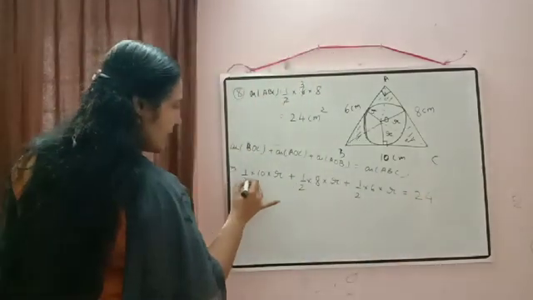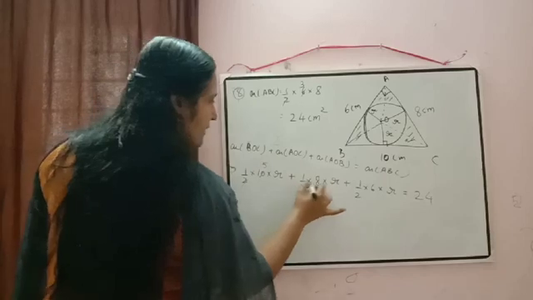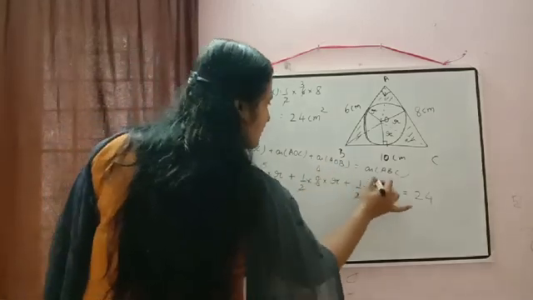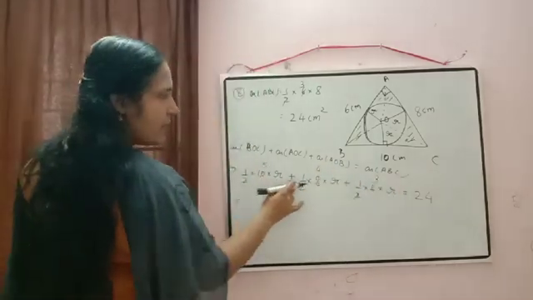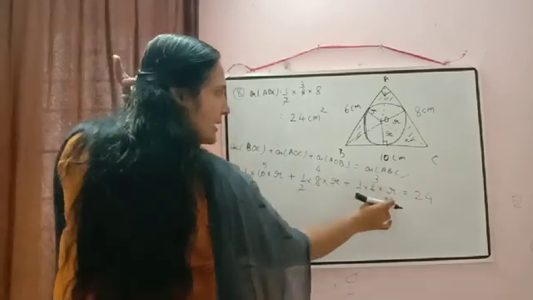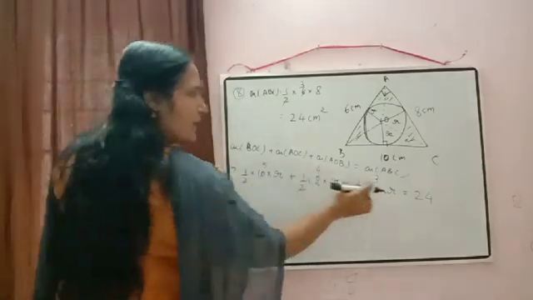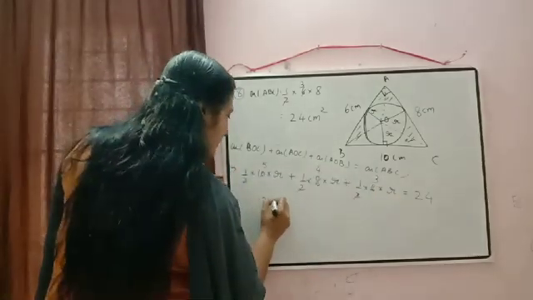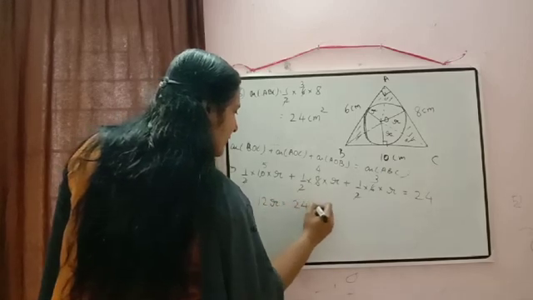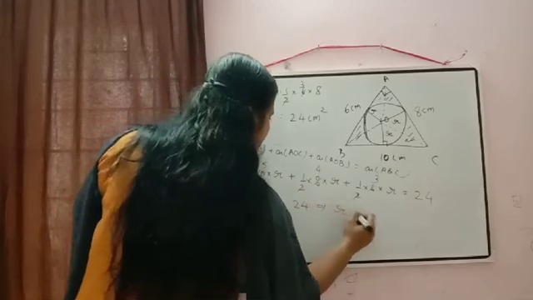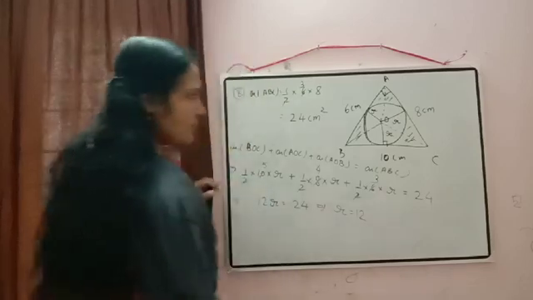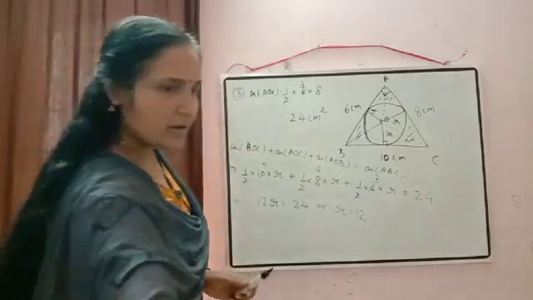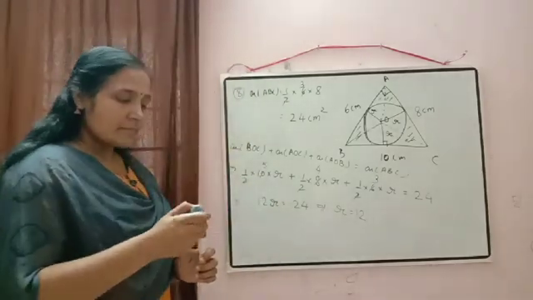So here it will get cancelled. 2 5s are 10, 2 4s are 8, 2 3s are 6. So 5R plus 4R plus 3R. 5 plus 4 is 9, 9 plus 3 is 12R. So we are getting here 12R is equal to 24. So from here we got the radius is equal to 2. So we got the radius of the circle.